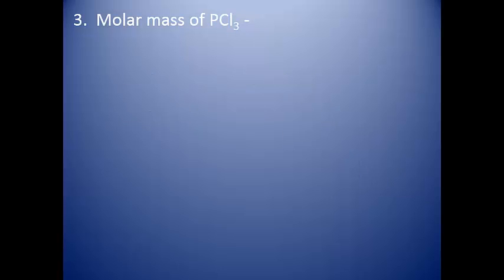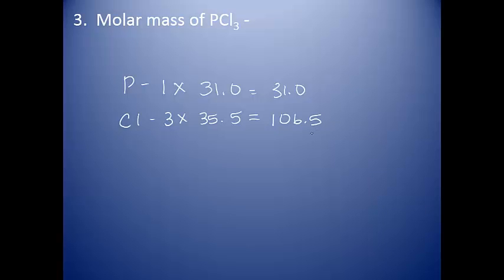Alright, PCl3. This one we have phosphorus and chlorine, and for phosphorus we have one of them. If you take a look at your periodic table, 31.0, and chlorine, there are 3 of those, and each chlorine is 35.5. So 31.0 for phosphorus, and math-wise, when we multiply chlorine 3 times, 106.5.